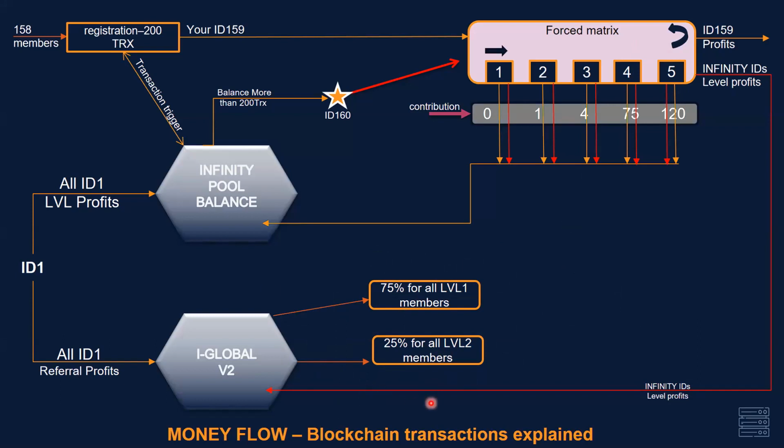It is a Robin Hood system here: taking from the guys who are in profit and giving to the guys who are still not yet in profit. Let's name it the fair way of distributing money. You can name it the way you like. So here I end the explanation of the money flow on the blockchain transaction side, or the way the people's money is going.